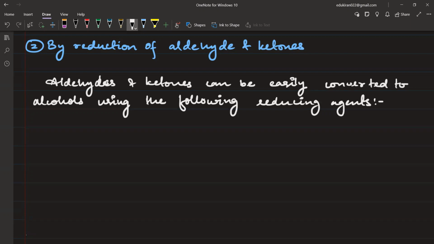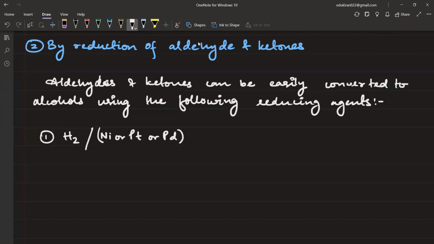What are the reducing agents? Number one, please write H2 in the presence of nickel or Pt or Pd.